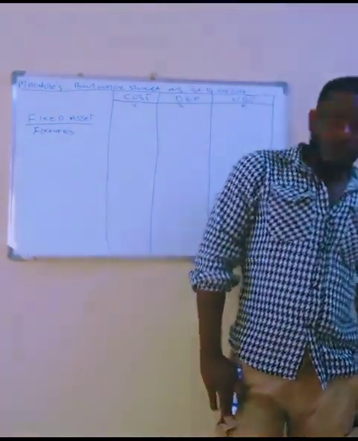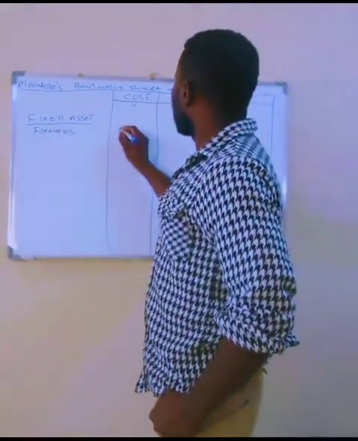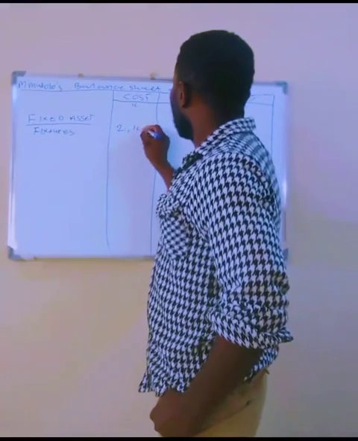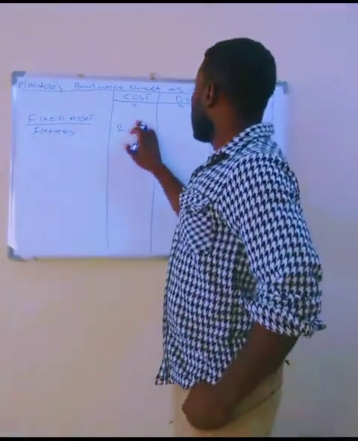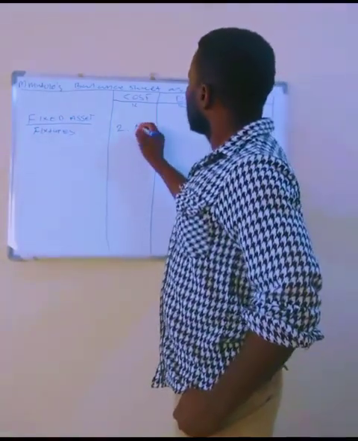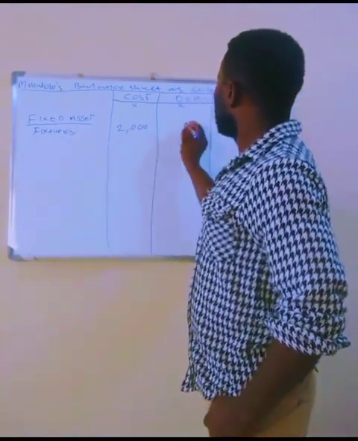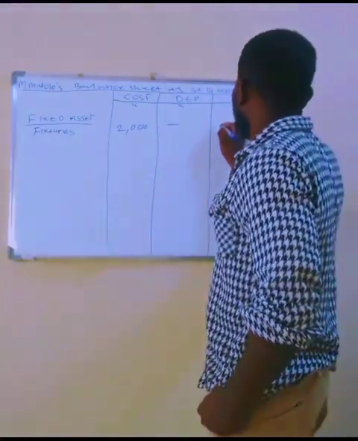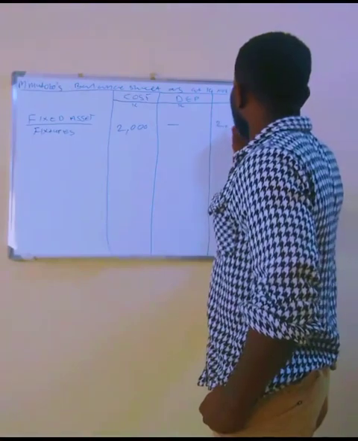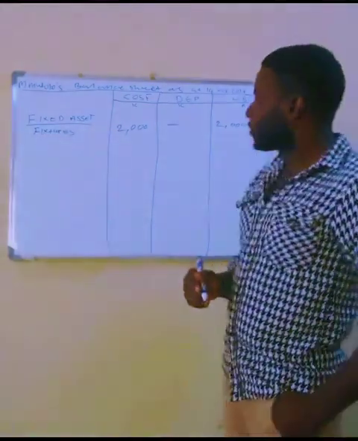The total figure for fixtures is 2,000. There is no depreciation. It has not depreciated, so we won't put anything here. So this will also be the net book value of 2,000.